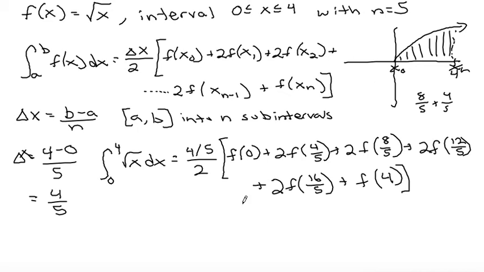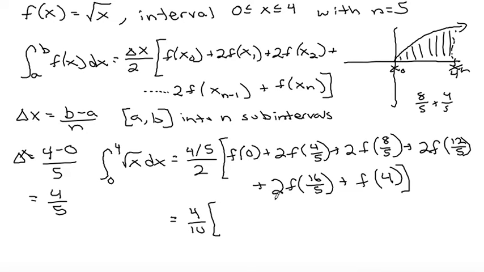So first of all, we can take our 4 over 5 divided by 2, flip the bottom fraction and multiply to make that 4 over 10 times f sub 0 would be plugging in 0 into my square root.